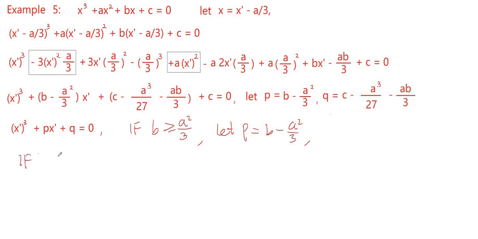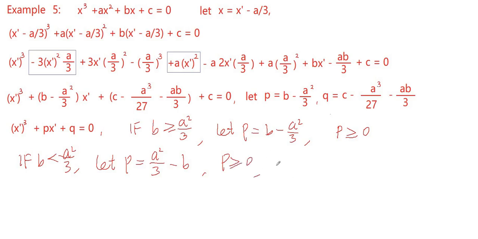And if b is less than a square divided by 3, we will let p equal to a square divided by 3 minus b. So the p is always greater than 0. And the equation becomes x dot cube minus p x dot plus q equal to 0.